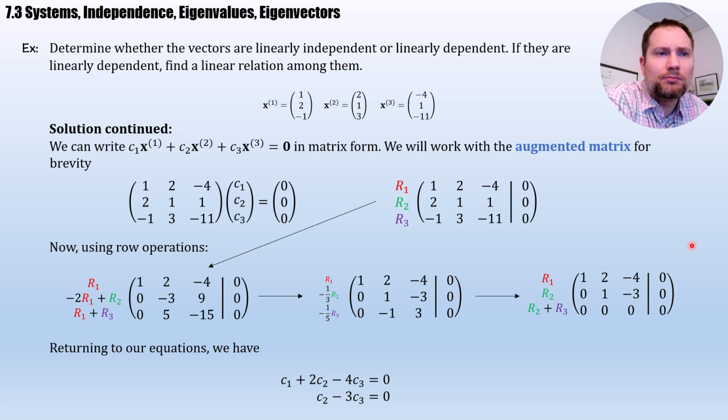Remember what this literally means: c1 plus 2c2 minus 4c3 equals 0, etc. So we get these two equations, and my claim is that we've got an under-constrained system. We've got two equations and three unknowns. That means one of these c variables must depend on the others in some way, right?